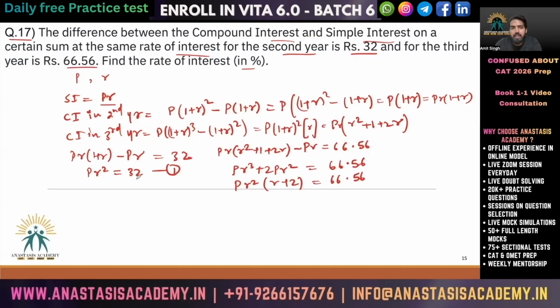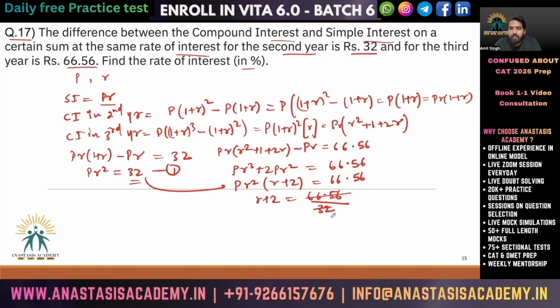I know the value of PR square as 32. Put this value here. So you get R plus 2 as 66.56 divided by 32, right?